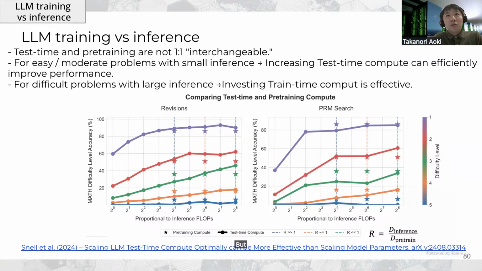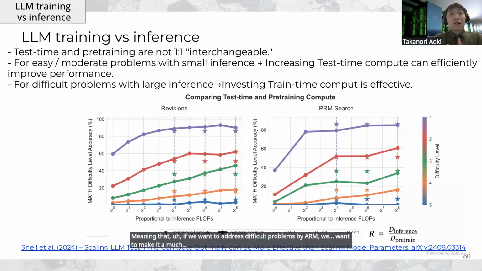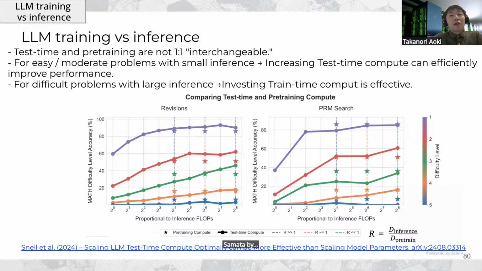But for difficult problems to solve with a larger amount of inferencing, investing in training-time compute is more effective, meaning that if we want to address difficult problems with an LLM, we want to make the LLM much smarter by training more intensively on the large language model, like adding more data or increasing model parameters.